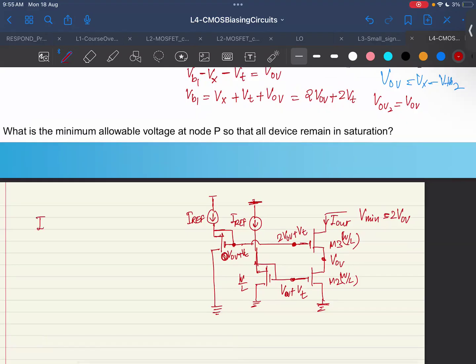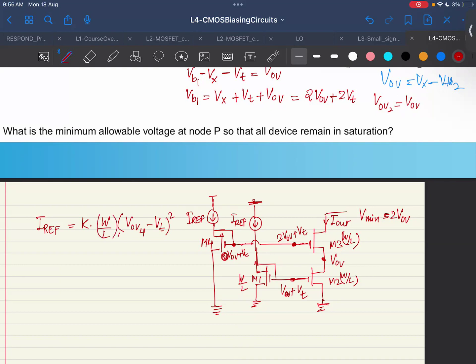And then I see, yes, because if I were to write IREF, which is some beta or Kn, whatever the factor is, into your W by L and into your VOV. Let's say this is M1, let's call it M4. So this is (VOV4 minus VT) square, right?